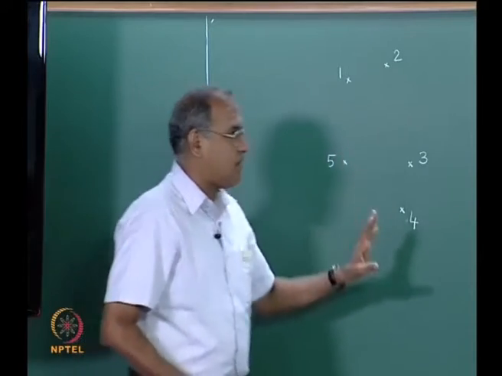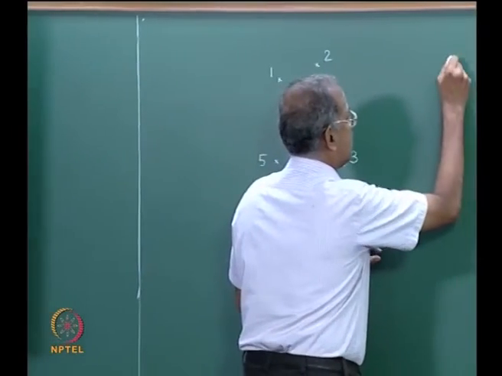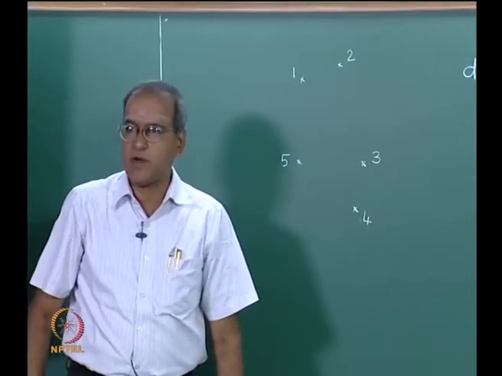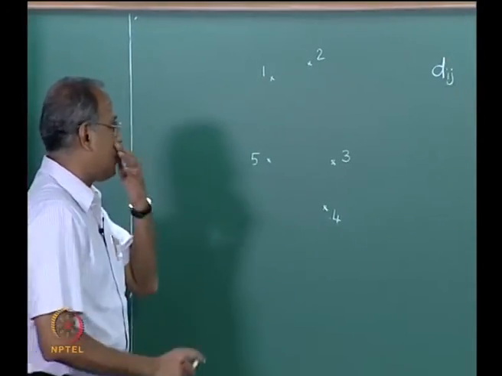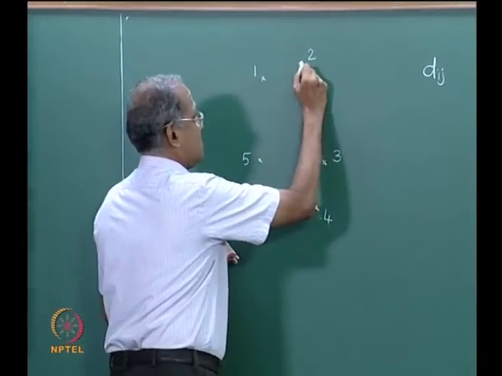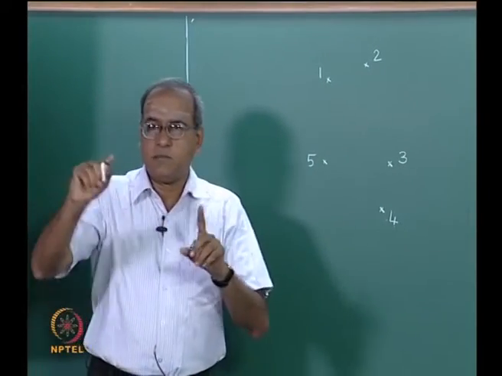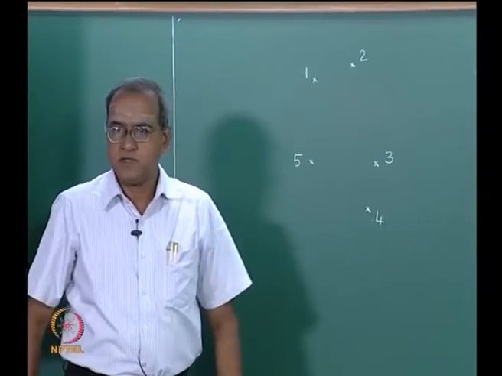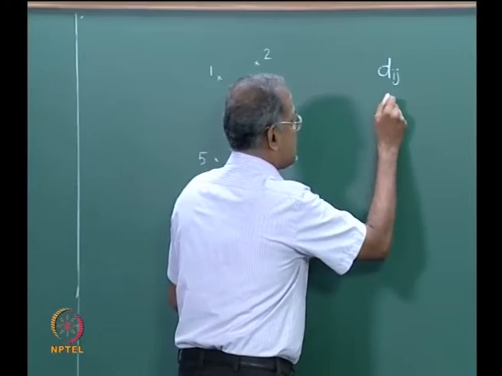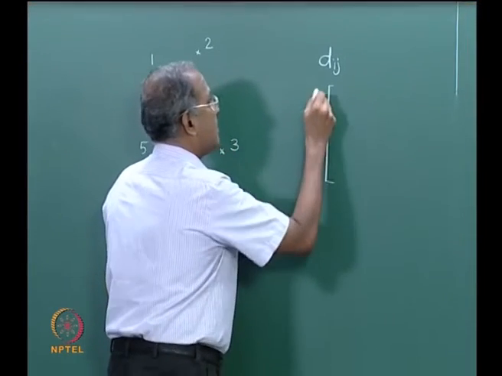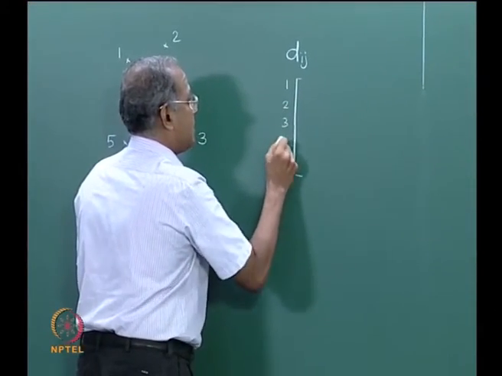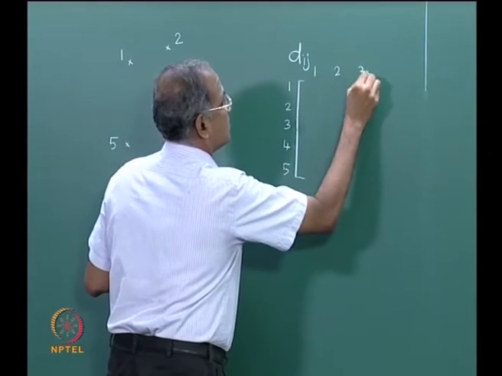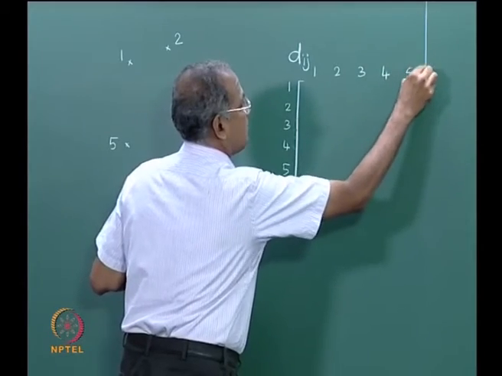So let us assume that we also have a distance matrix Dij between or amongst the points, where the distance between 1 and 2 is actually this Euclidean distance between 1 and 2. Similarly 1 and 3, 1 and 4, etc. So let us assume that we have this distance matrix between 1, 2, 3, 4, 5 and 1, 2, 3, 4, 5.